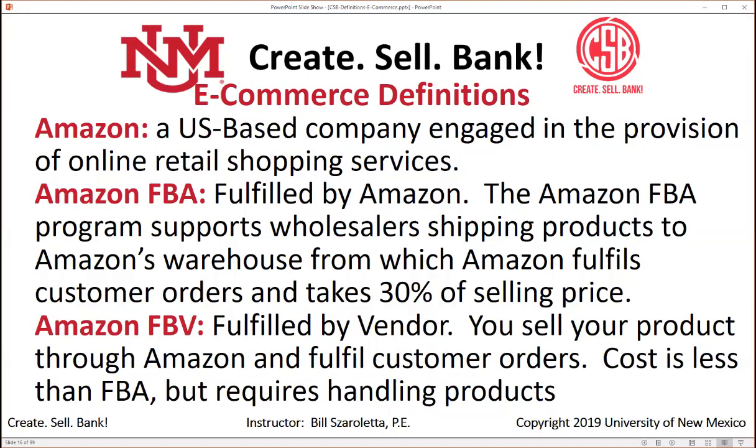Now, the fulfilled by vendor is you sell your product through Amazon and fulfill the customer orders yourself. The cost is less than fulfilled by Amazon, but it requires you handling the products.